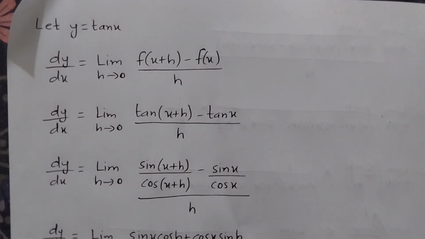I basically didn't know the formula for tan of x plus h, if it exists, so I've written tan in the form of sine over cos. So tan of x plus h is sine of x plus h over cos of x plus h, minus tan x, which is simply sine x over cos x.